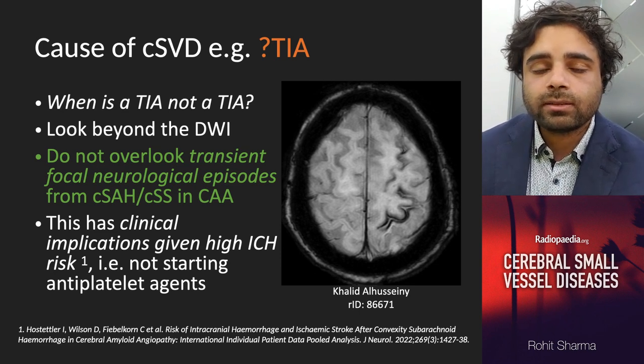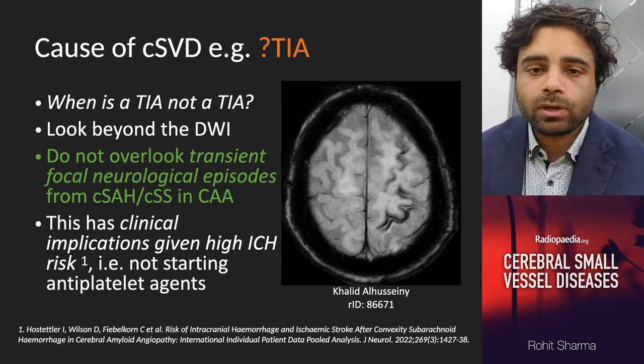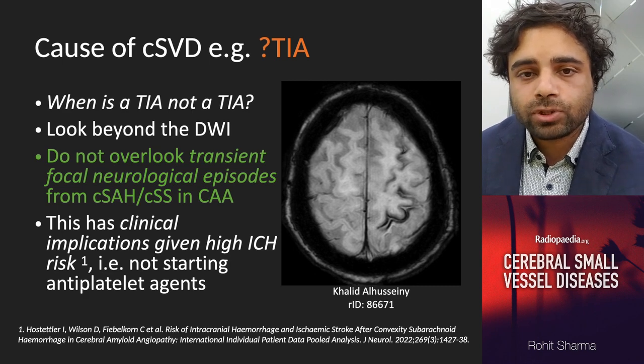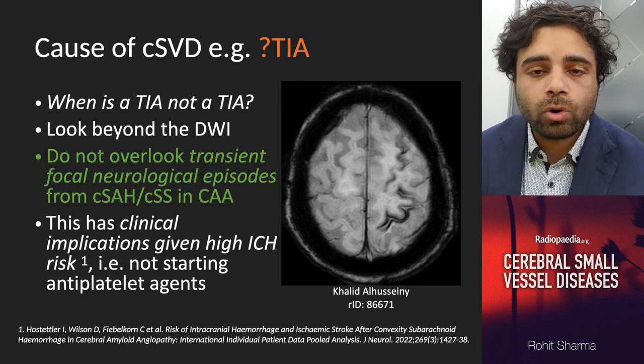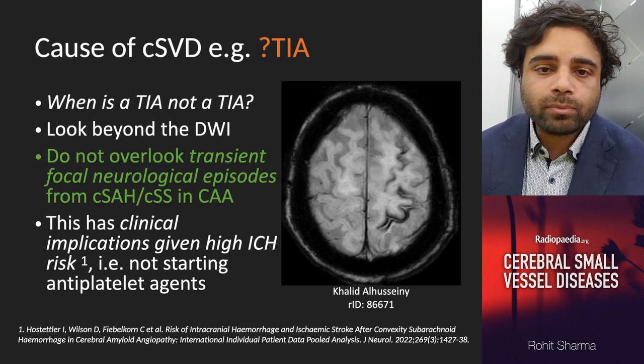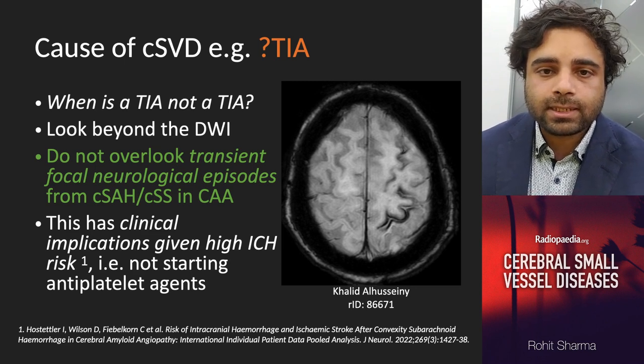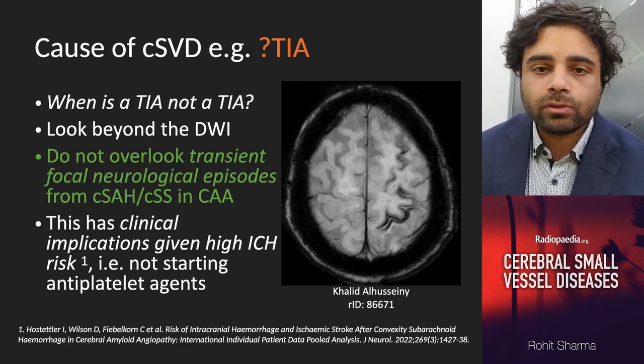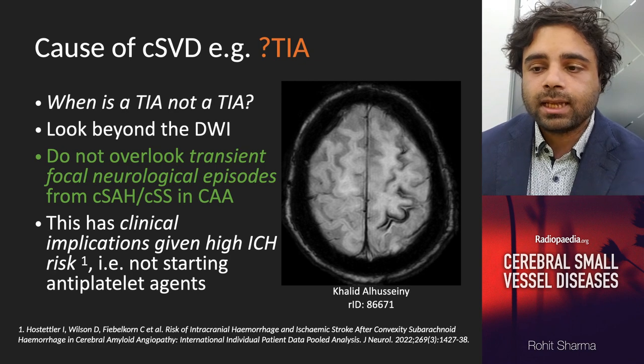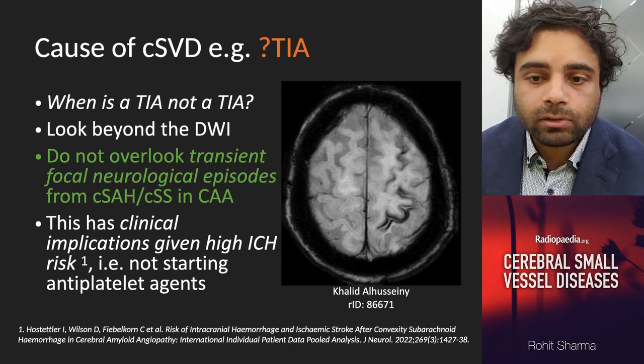So in a patient with a suspected transient ischemic attack, it's important to scroll all the way up to the vertex to look for cortical superficial siderosis. And when present, it's going to be symptomatic in areas that are eloquent and actually would result in neurological dysfunction, such as in the central sulcus or in the occipital lobes.